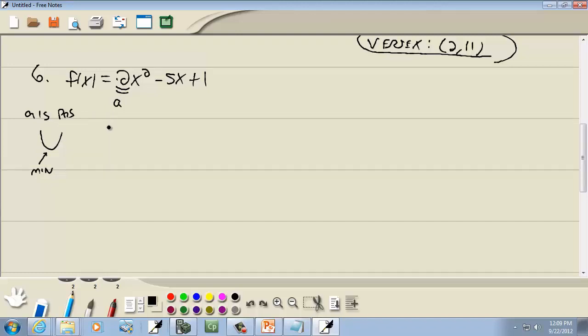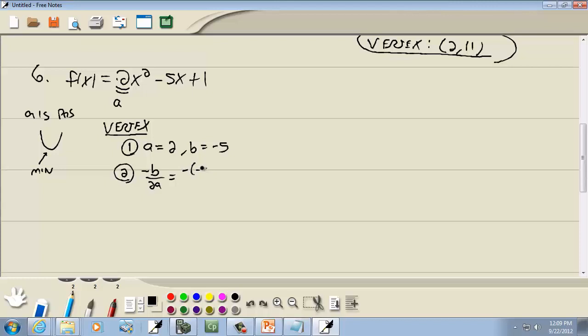Well, let's first find our vertex. Remember, for our vertex, we're going to identify a and b. A is the number that's before your x squared, which is 2. And b is the number that's before your x, which is negative 5. Then the second thing we want to do is plug those values into negative b over 2a and simplify.